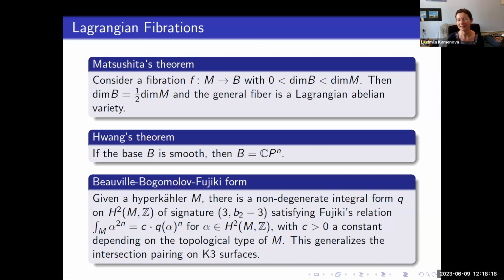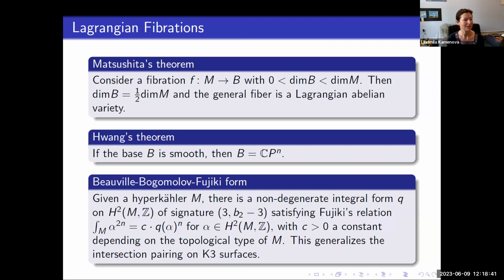And so basically in hyperkähler geometry, people want to copy this. For a while, Torelli theorems were not known, and people still thought, well, there should exist something like a Torelli theorem for higher dimensional hyperkähler manifolds.